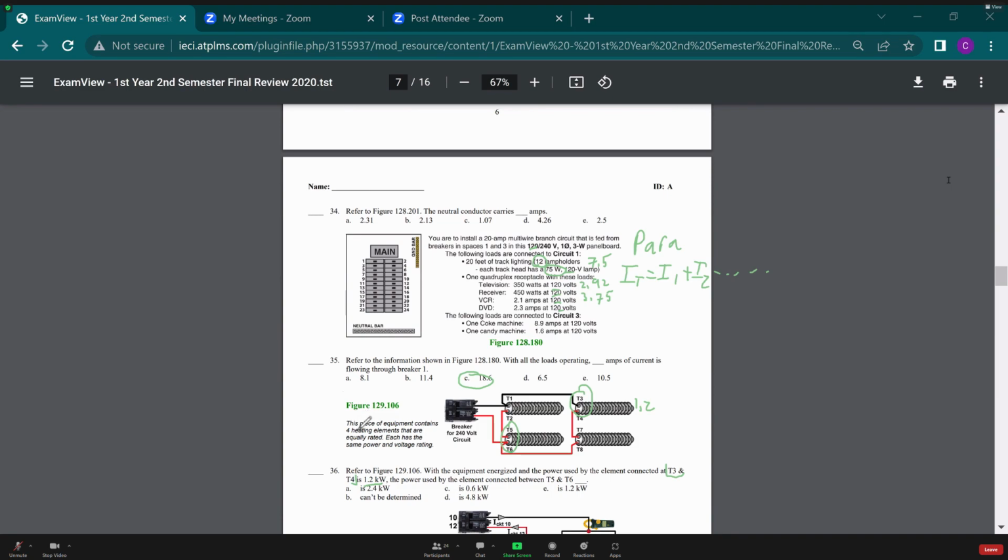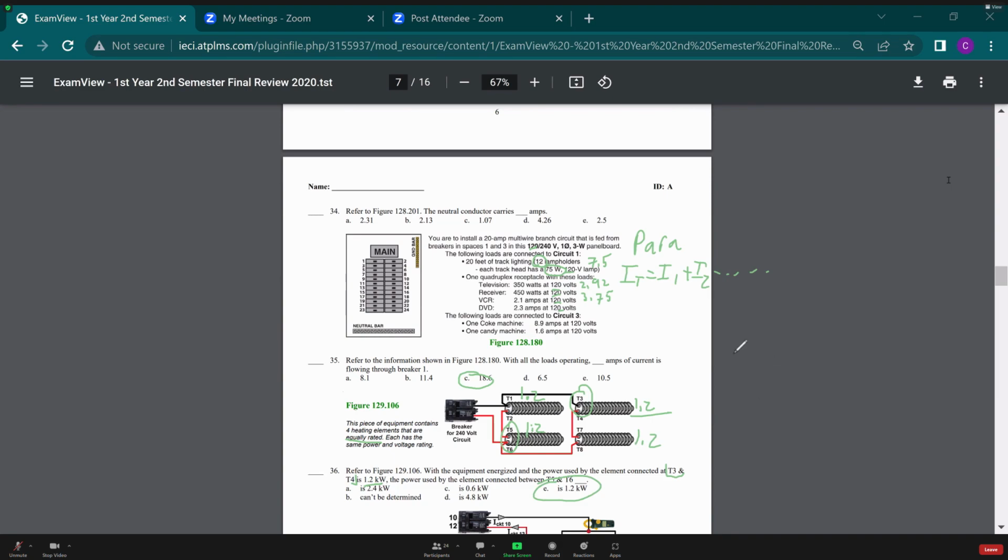This piece of equipment contains 4 heating elements that are equally rated to each other. Each has the same power and voltage rating. So if they all have the same rating, they should be exactly the same. If this is 1.2, this is 1.2, this is 1.2, and this is 1.2. So our answer is E, 1.2 kilowatts.